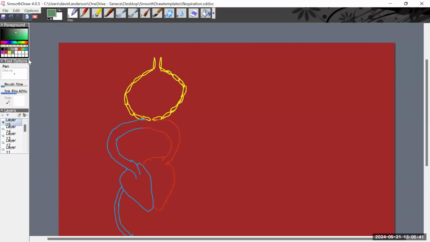For the pulmonary circulation, we deliver blood from the right ventricle to the lungs, right? And our blue blood is low in oxygen, but it's high in CO2.